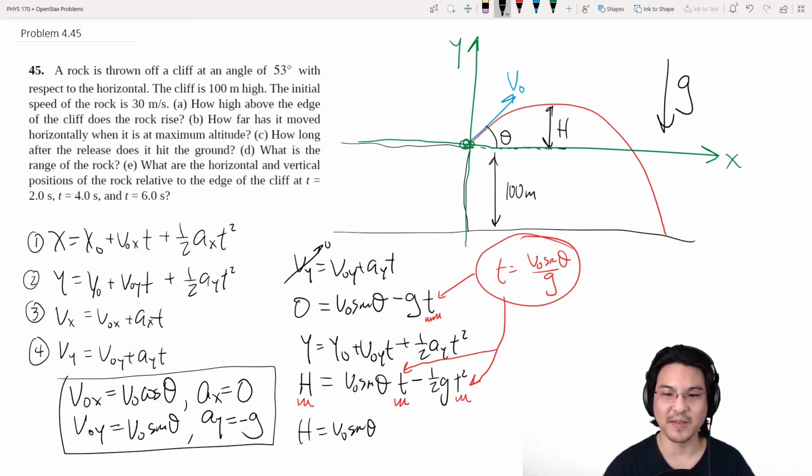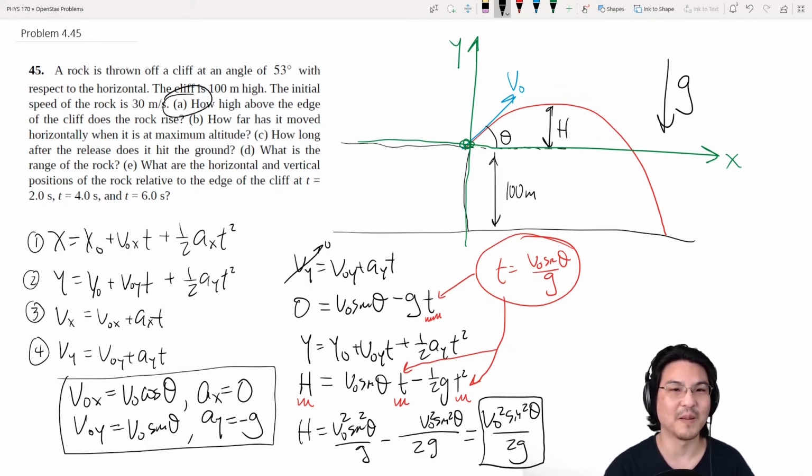T, so v naught sine theta over g, squared, minus 1/2, so there's a 2 in the denominator, t squared, v naught squared sine squared over g squared. So g over g squared can cancel. Let me erase that. And look at this, v naught squared sine squared over g. Then I can factor 1 minus half. So here we go. That's part A, the maximum height above the edge of the cliff.